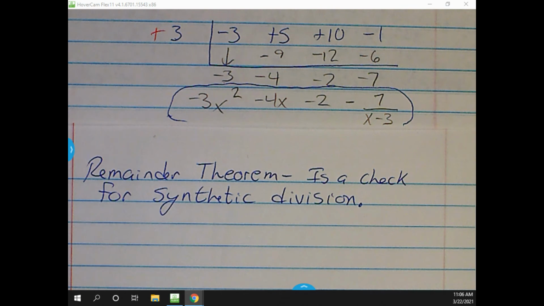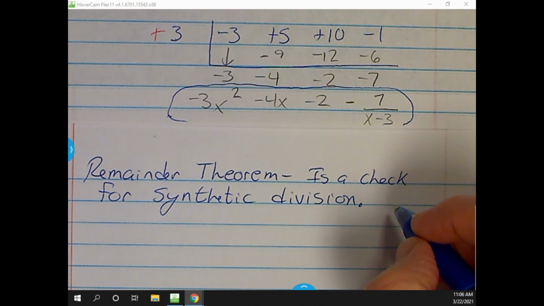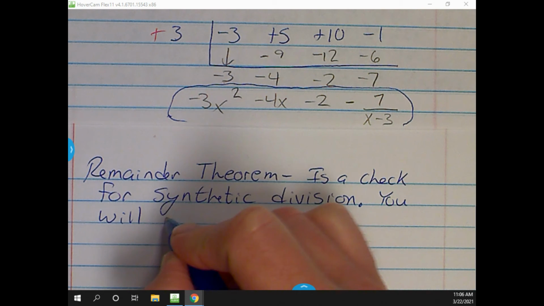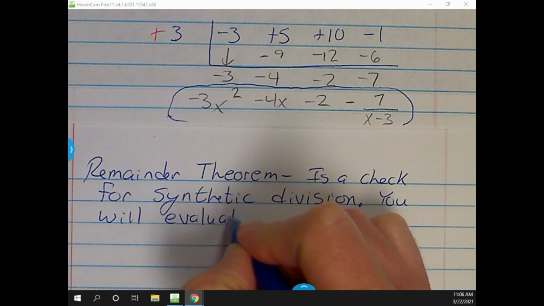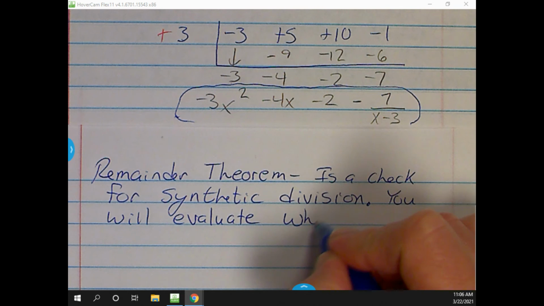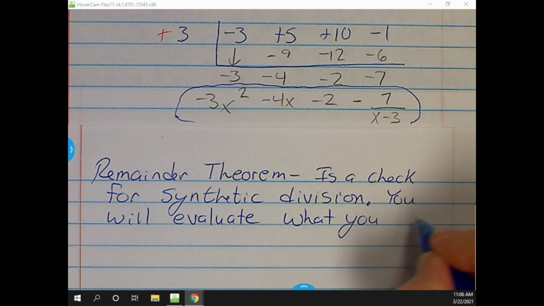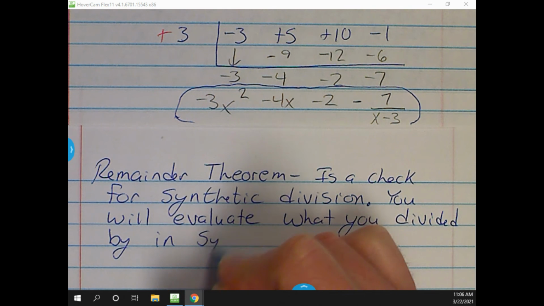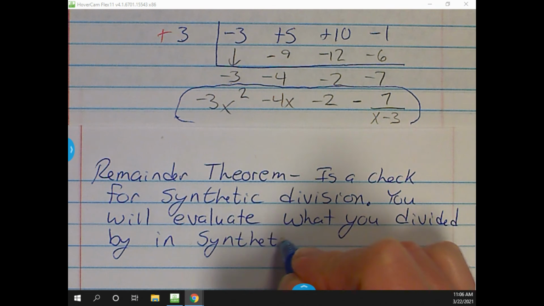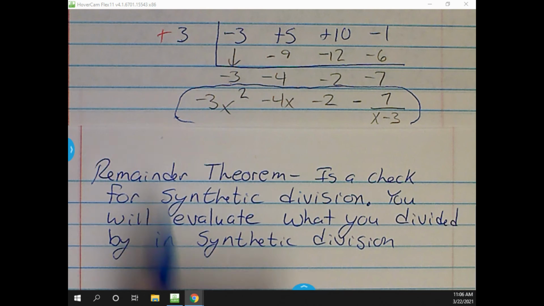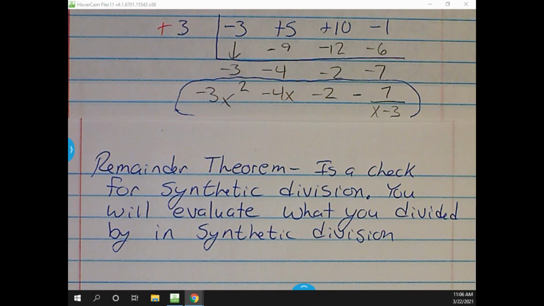You're going to evaluate what you divided by in synthetic division, which in this case would have been the +3 back here.